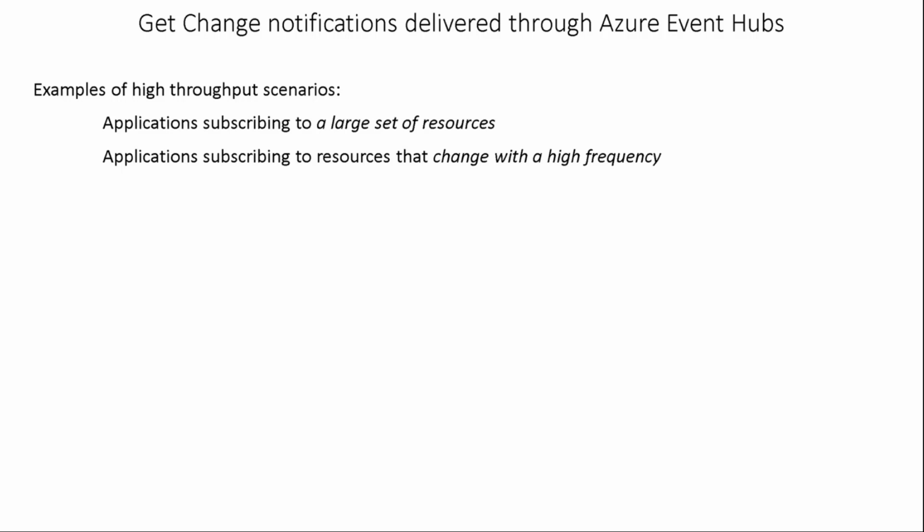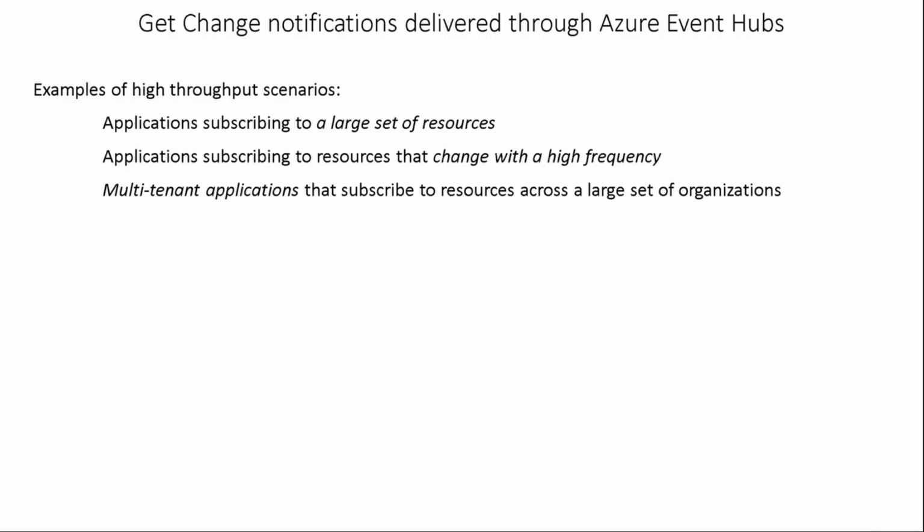That means that you will get 1 million notifications, and that's just one resource multiplied by the number of resources that are available. You might get a number of notifications that the compute capacity you have provided for your app might not be able to handle. Similarly, applications subscribing to resources with high frequency, like group memberships and even users to some extent.